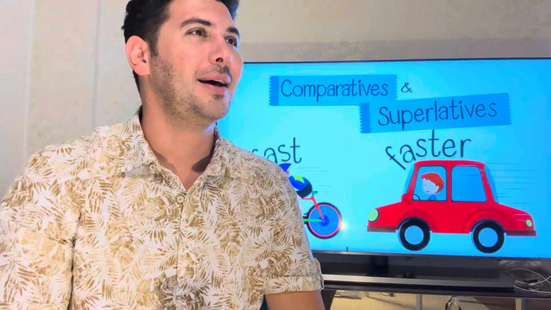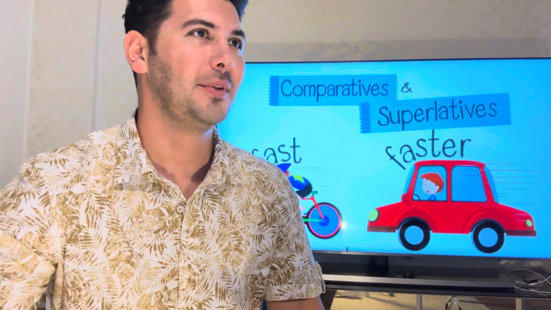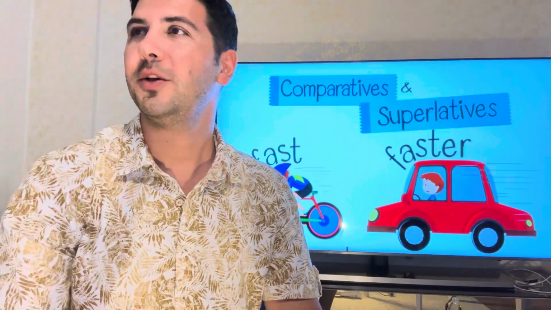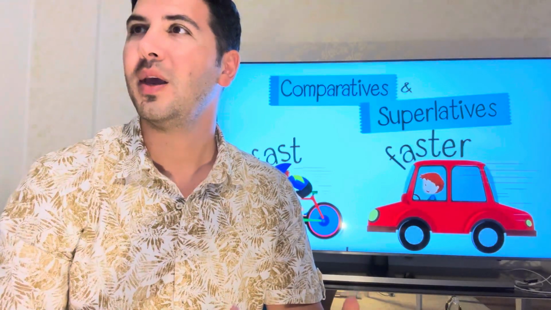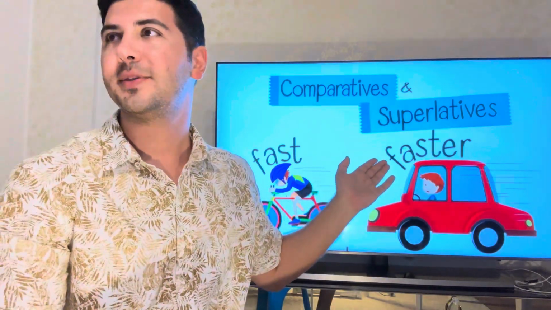Good. Last lesson we learned SSN, not SS. We were already able to make comparative sentences in this way, but today we are going to look at comparison from a different angle. I'm talking about comparative and superlative adjectives.